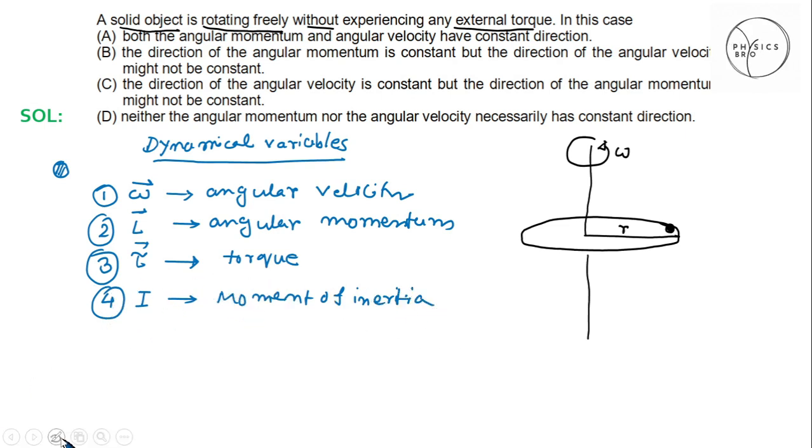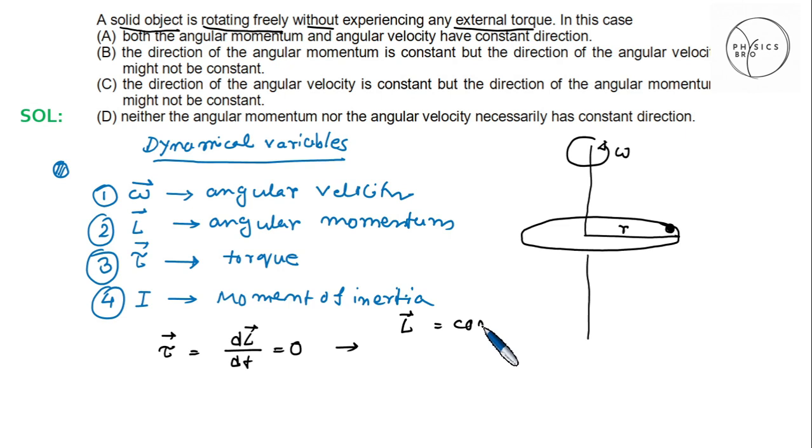Okay, now let's go to the problem. The problem says that there is no external torque. So what is the torque? Torque is defined as dL/dt, that is the change of angular momentum with respect to time, and it is 0 for this particular problem. And we get from this idea that L is constant.